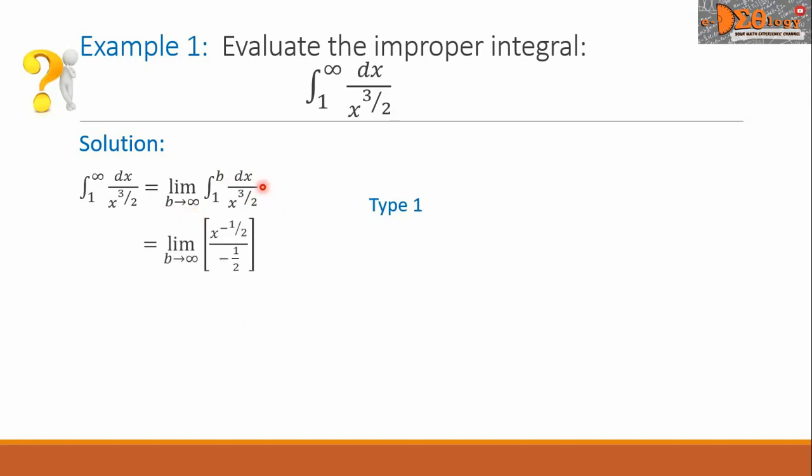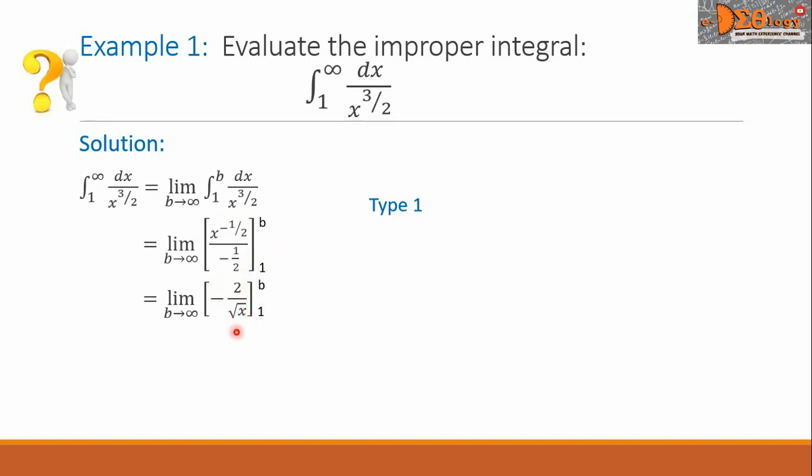Applying our power rule of integration, we will have x raised to negative 1 over 2 all over negative 1 over 2. This will be evaluated for the limits from 1 to b. We can simplify further our fraction here, so we will get negative 2 over the square root of x.